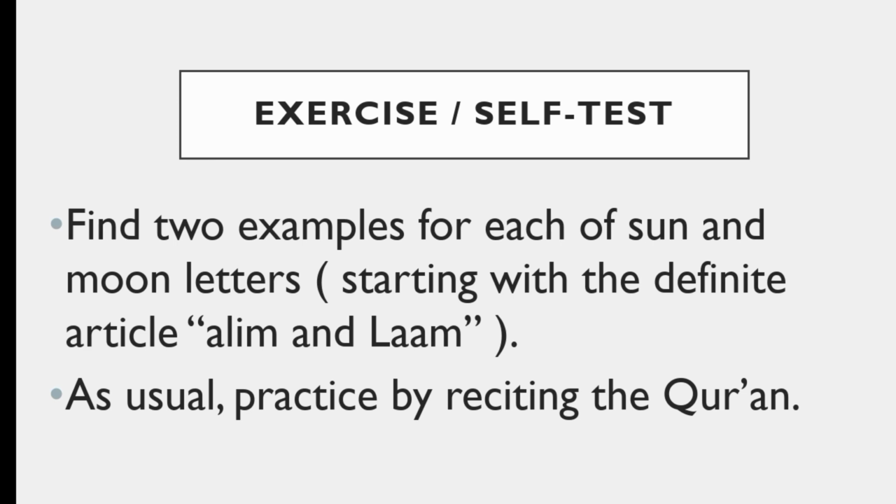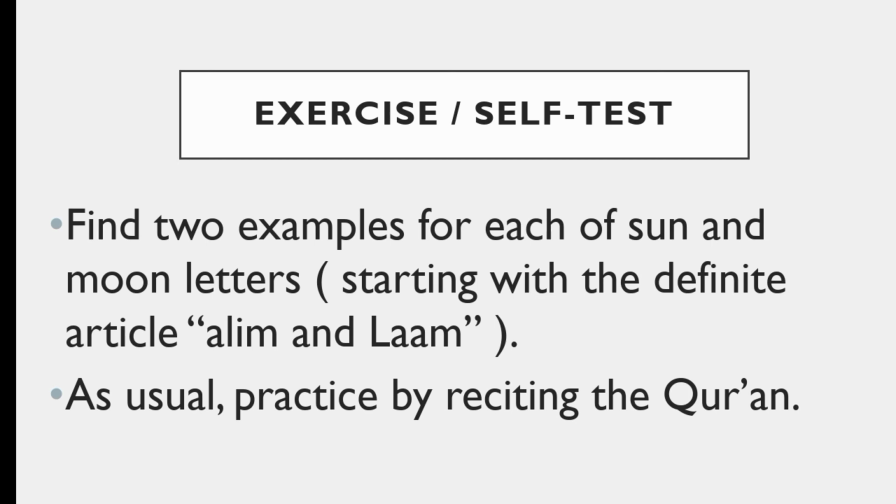Now we have an exercise or self-test. Find two examples for each of the sun and moon letters, starting with the definite article alif and lam. That means for each of the Arabic letters, you have to find a word that starts with alif and lam, then you have the word next to it.